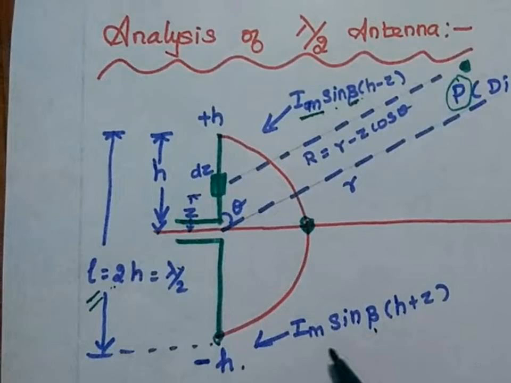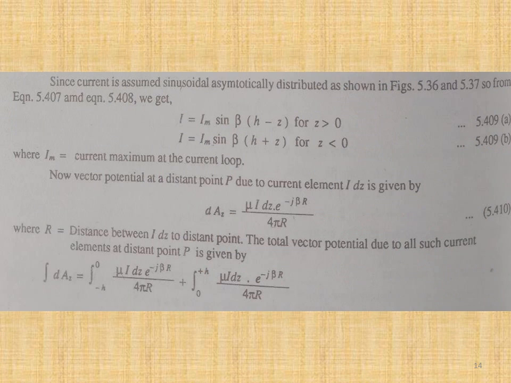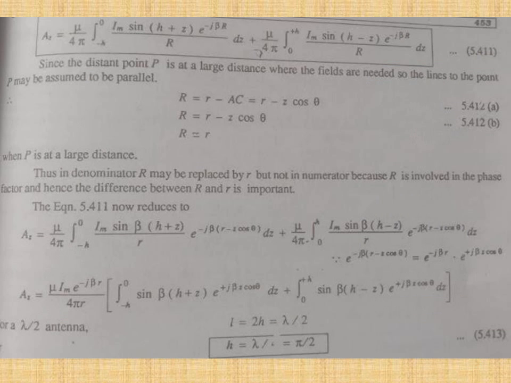If you see the figure, we will be calculating from minus h to 0 and from 0 to h with the same components. Now here we have to substitute the value of R, and if we are able to derive the Az equation, we will get the magnetic vector potential, and from it the magnetic field intensity.